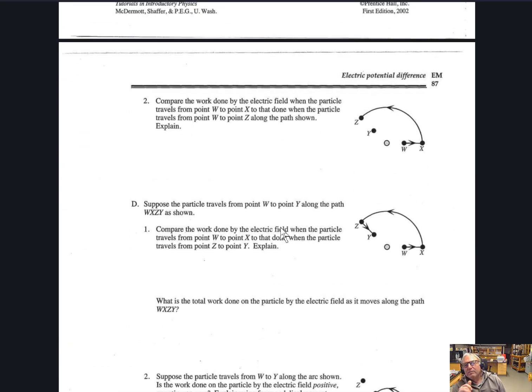Okay, compare the work done by the electric field when the particle travels from W to X to that done when the particle goes from W to point Z. Well, we said that work WX is greater than 0 and work XZ equals 0.